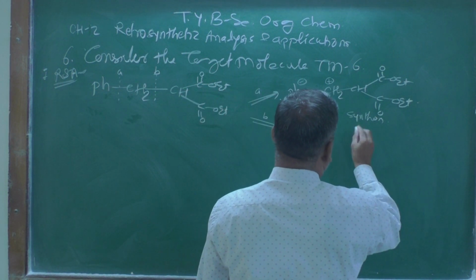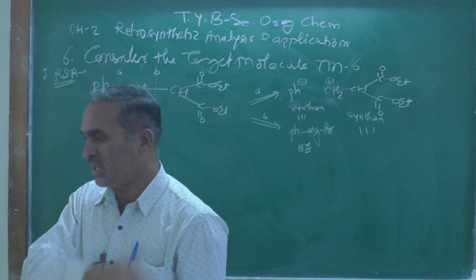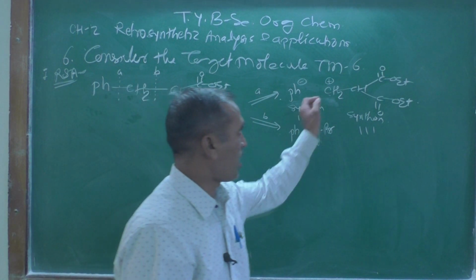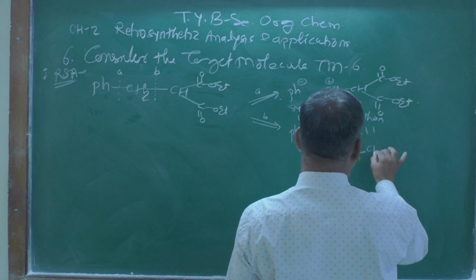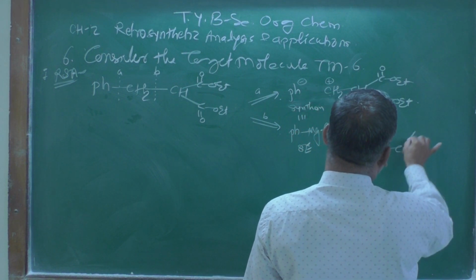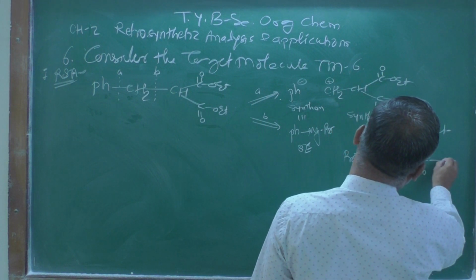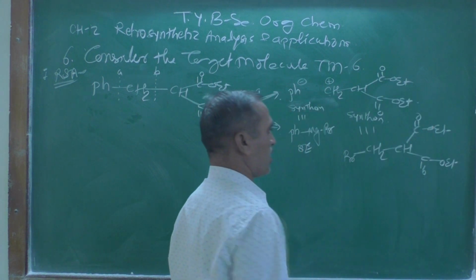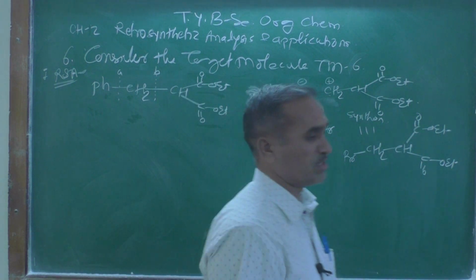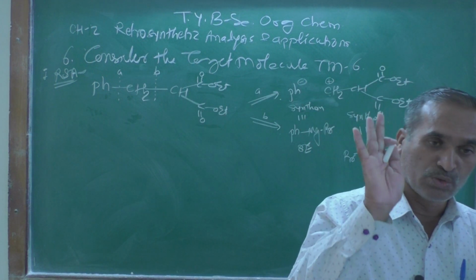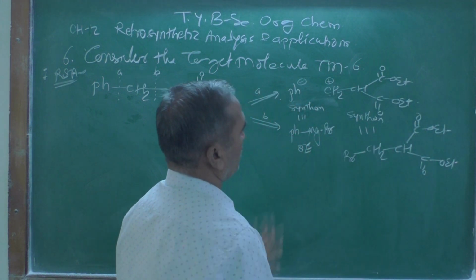So remember, showing it as a 3 line clearly indicates that it has a synthetic equivalent. So you can use Br, then CH2, then CH, then C double bond O, OEt, and here C double bond O, OEt, and this molecule you can further do. But as far as the T.Y.B.Sc level is concerned, just think that it is enough.